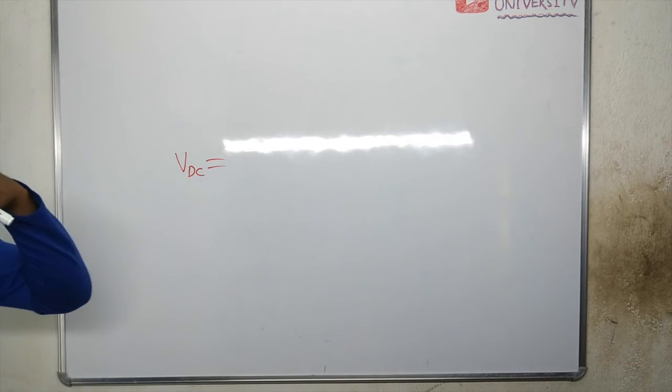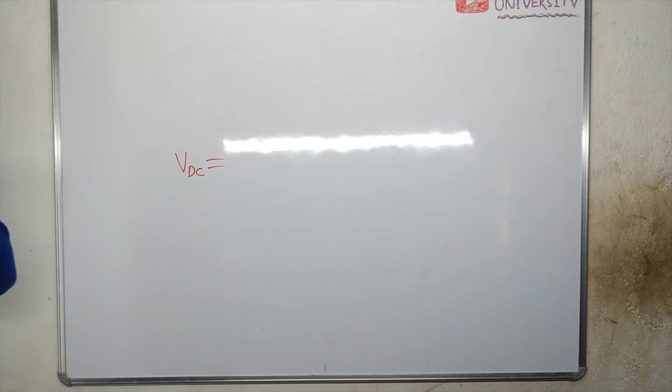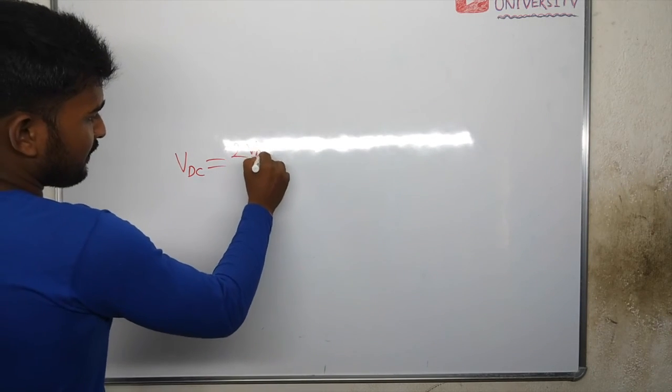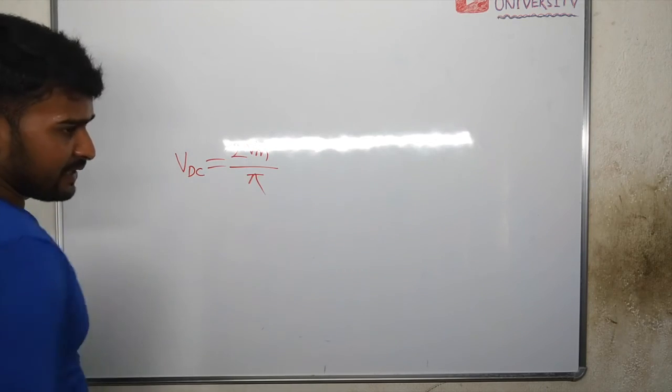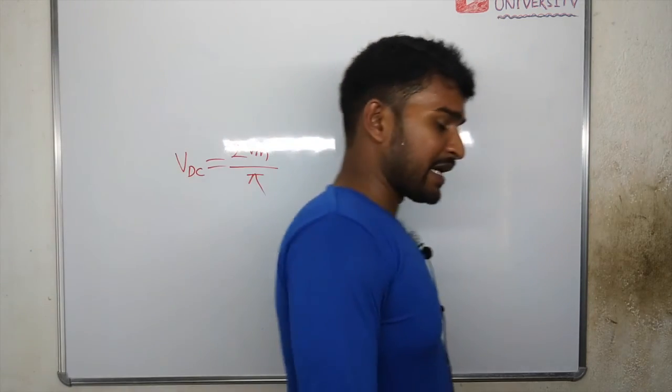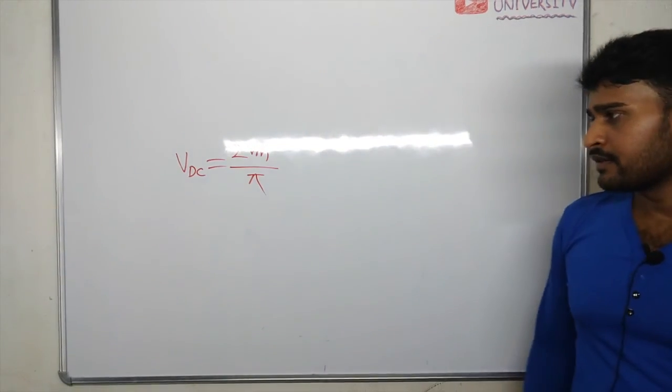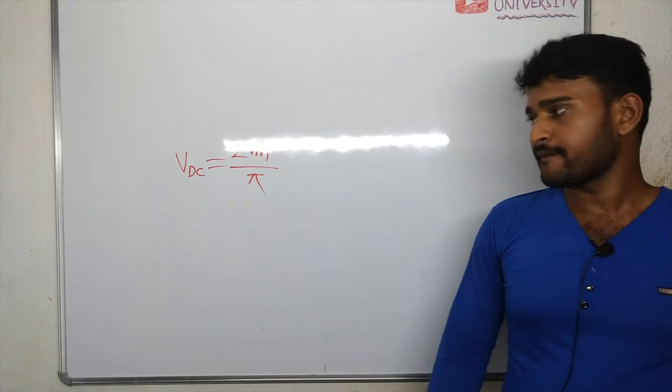It is asked given that the diodes are ideal. If diodes are ideal, then for a bridge rectifier, VDC will be 2 Vm by pi.